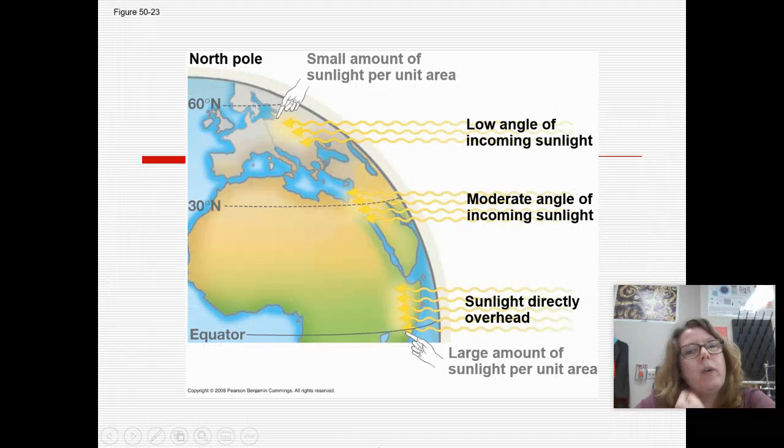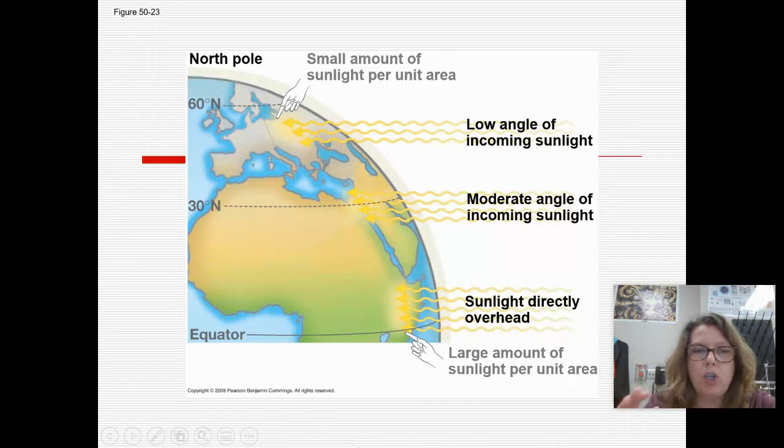But again, the reason why you have seasonal variations is that no matter what, sunlight is directly overhead at the tropics year round, right? But at certain times of year, because of the Earth's tilt on its axis, sometimes these middle latitude regions get direct sunlight, right?